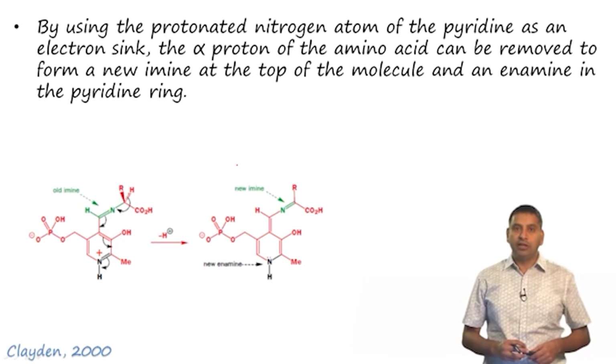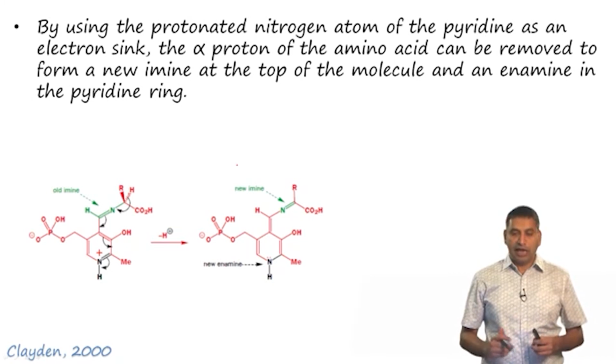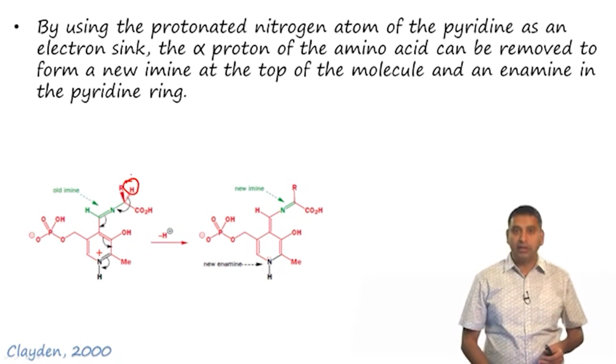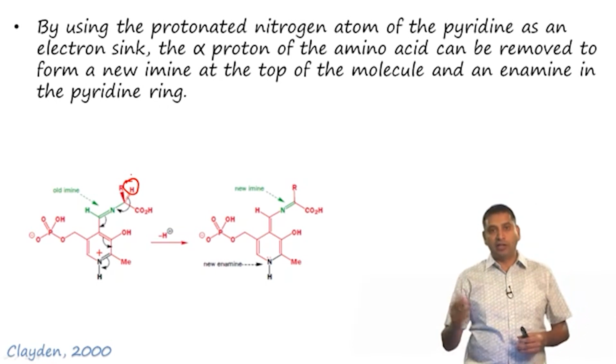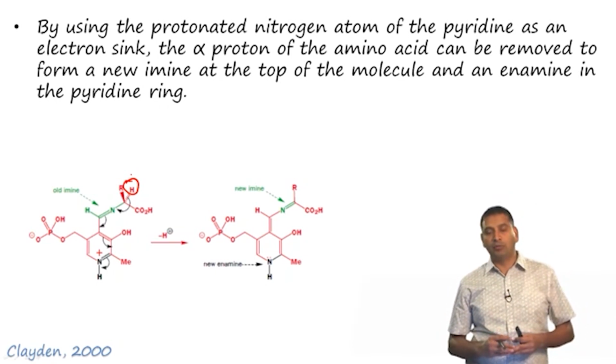By using the protonated nitrogen of the pyridine as an electron sink, the alpha proton of the amino acid, which is shown here, is then removed to form a new imine at the top of the molecule and an enamine in the pyridine ring.